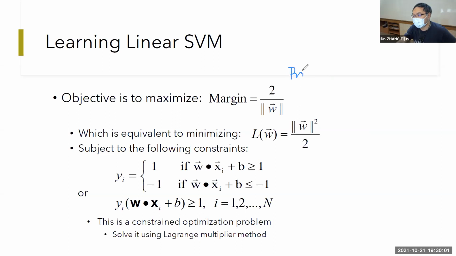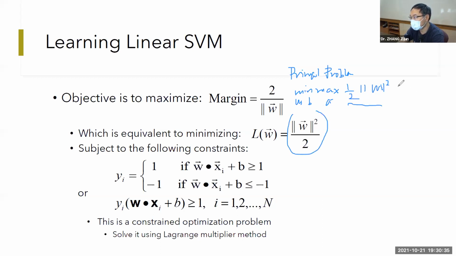Based on the previous setup, we can write the primal problem as min max over W, b and alpha of 1/2 this, which is the margin, okay?